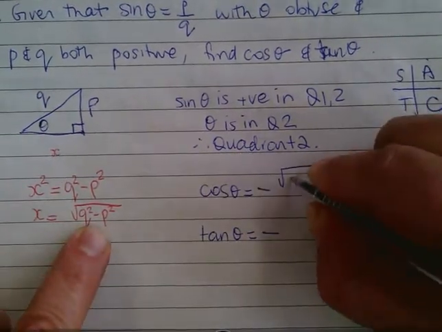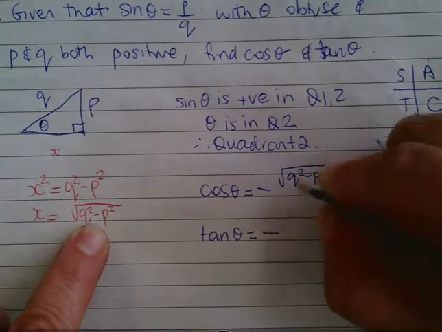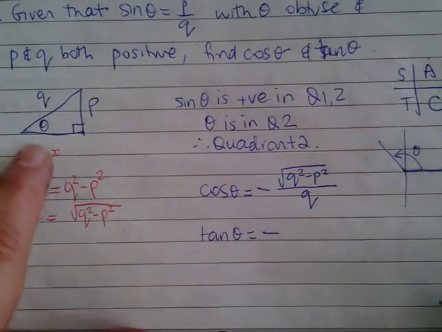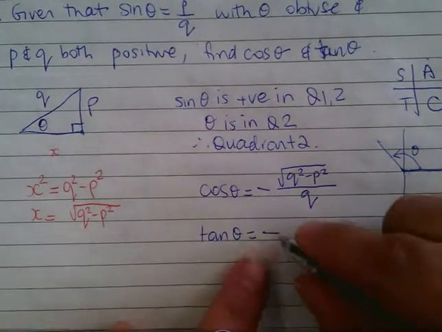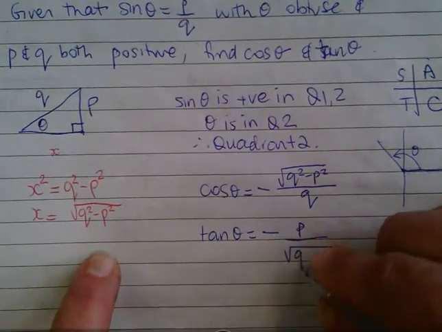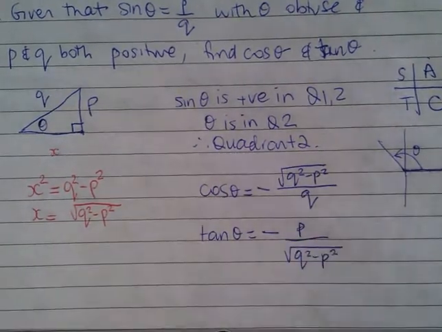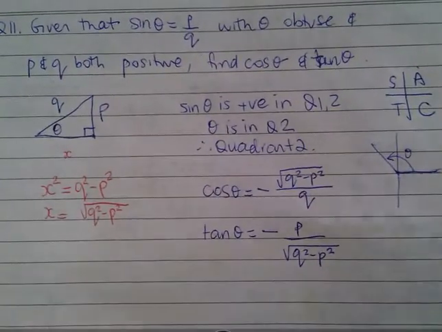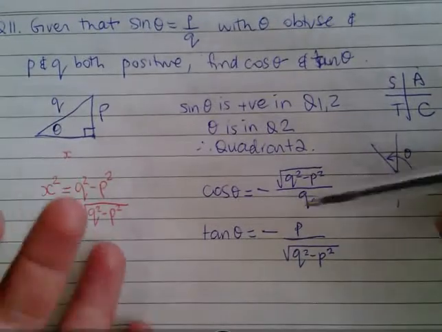Square root of q squared minus p squared over q. And tan is negative, because we said it's negative, whatever p is, over that. Notice, girls, the process is not different. The only difference is you don't get a number and you just leave it like that.